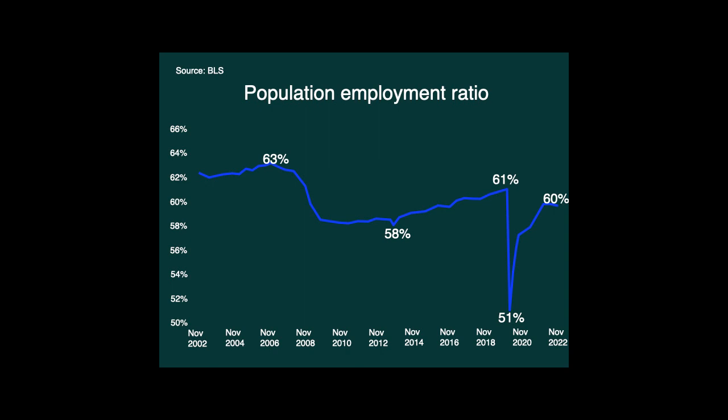And just before the pandemic, it was up to 61% of the adult population working. So that's less than it was before the recession began. And I would suggest that poverty then has got to be a combination of unemployment and the low wages that result from not enough jobs for everybody, plus the cost of living.